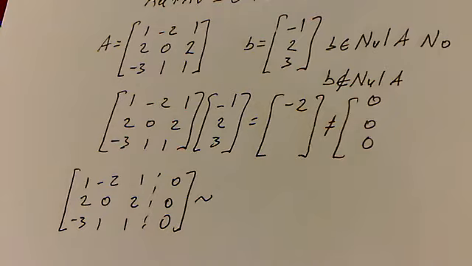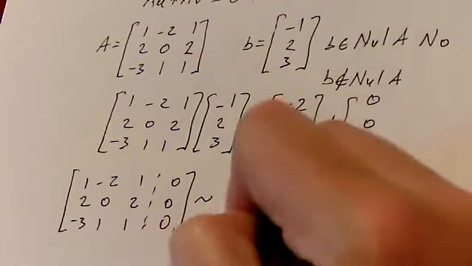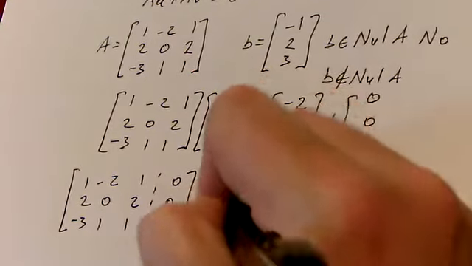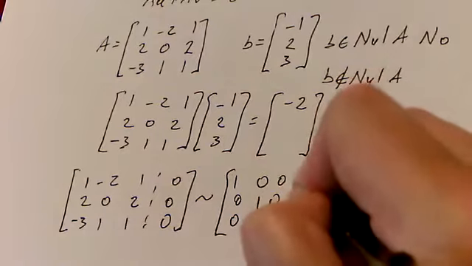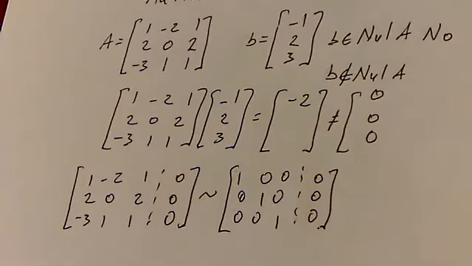So go in, take a look at your matrix: 1, negative 2, 1, 2, 0, 2, negative 3, 1, and 1. We're going to row reduce that, and I get the identity. What that means is that this matrix has only the trivial solution.